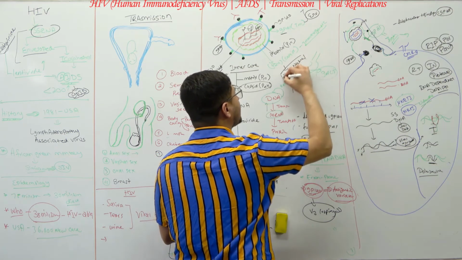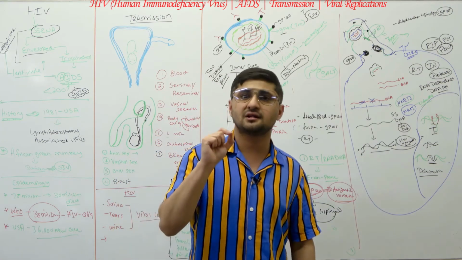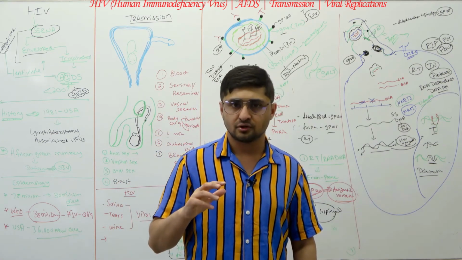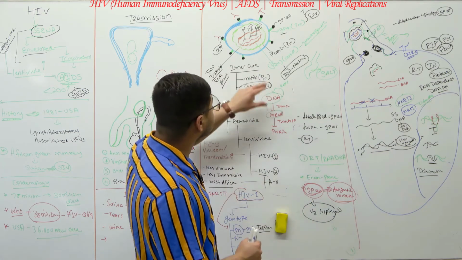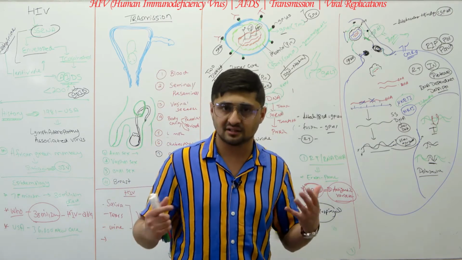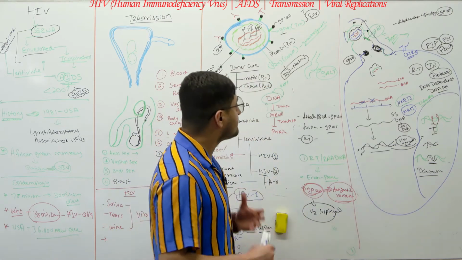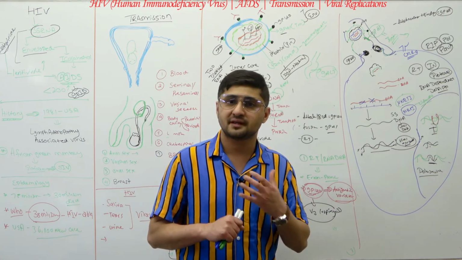So it's because of that, we usually use this P24 as the clinical marker for the differential diagnosis, all right? If you have antibody against the P24, based on the ELISA test, then relatively more likely you're infected with the HIV virus.